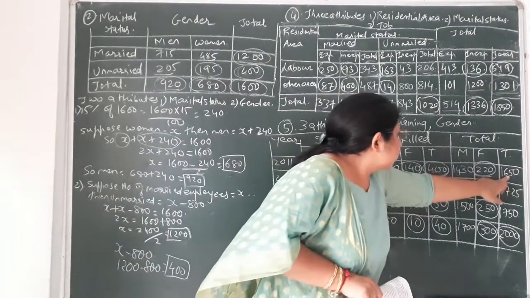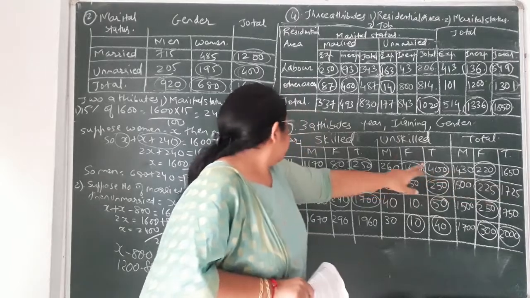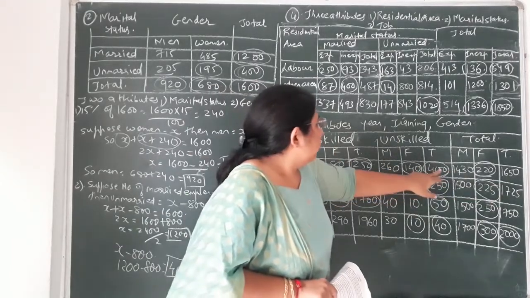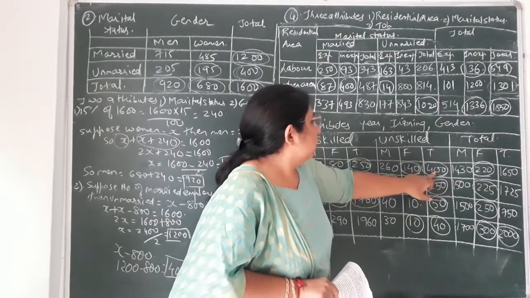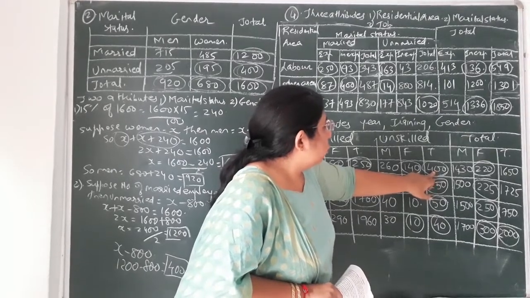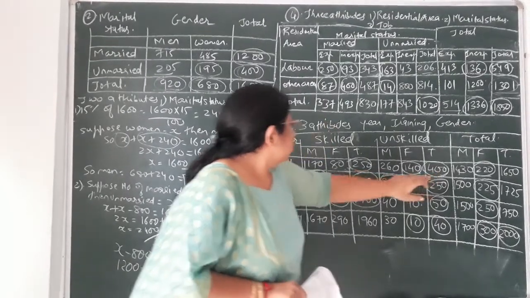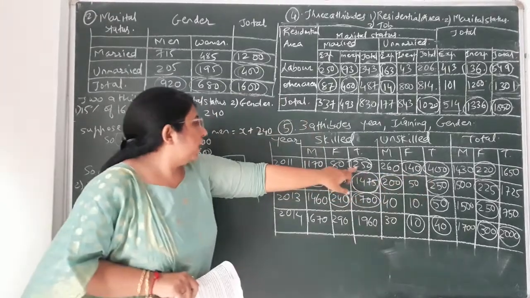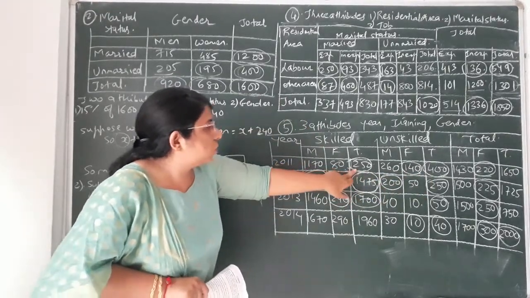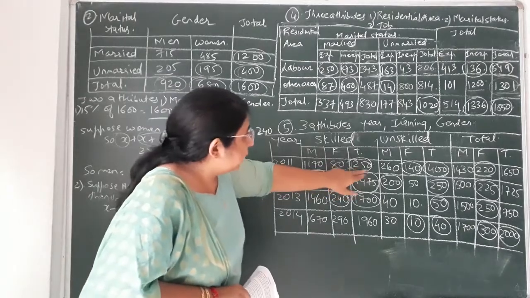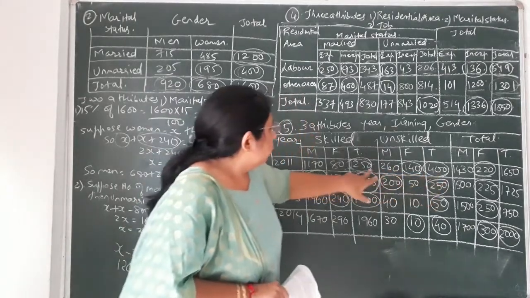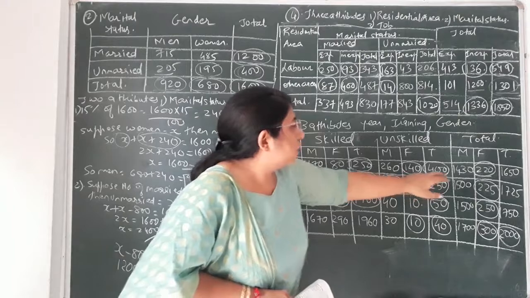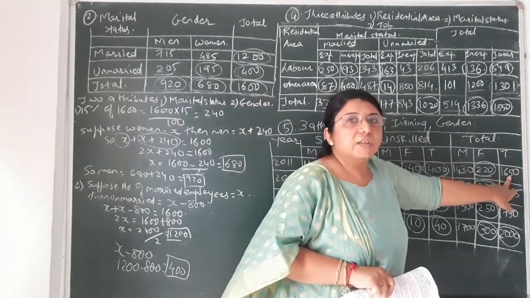So from 1650, the total number of employees in the year 2011, if the total number of unskilled workers is 400, so 1650 minus 400 you will do, then you will get the value for 2011, that is 1250. But over here skilled and unskilled values are given to you. So you can see 1250 plus 400, total that would come to 1650.